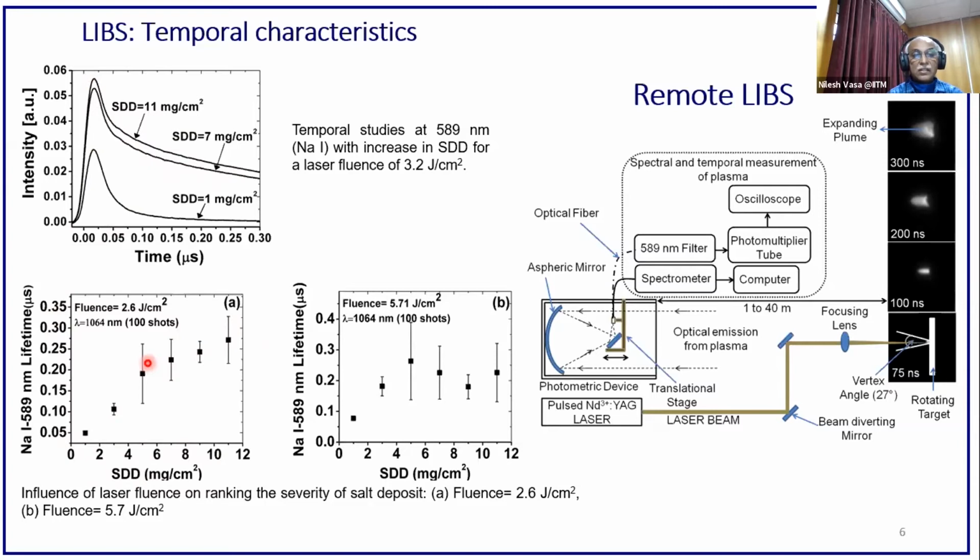So we understood that we need a stable laser source which can provide input energy and a laser fluence of the order of a few joules per centimeter squared, because variation in the laser intensity critically affects the plasma emission time corresponding to the concentration of the salt deposit.